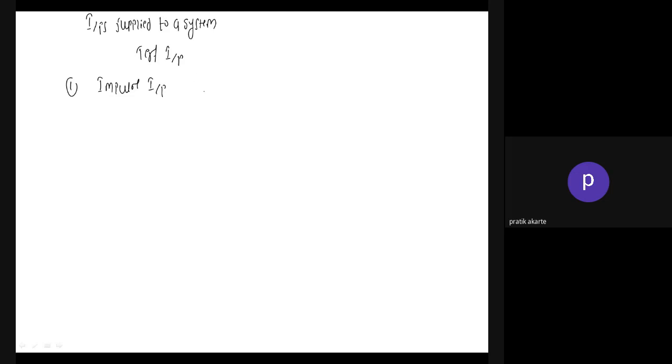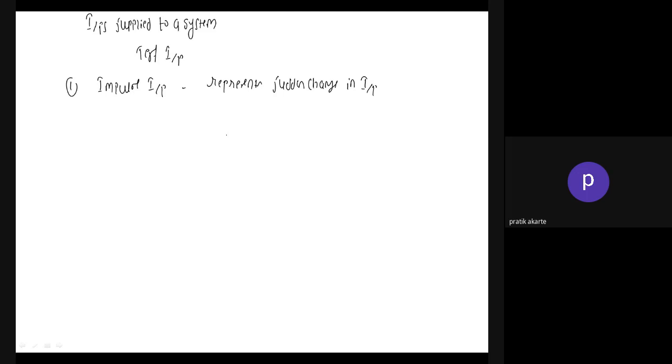Now, impulse represents a sudden change in input. So we give a rapid input, or impulse.